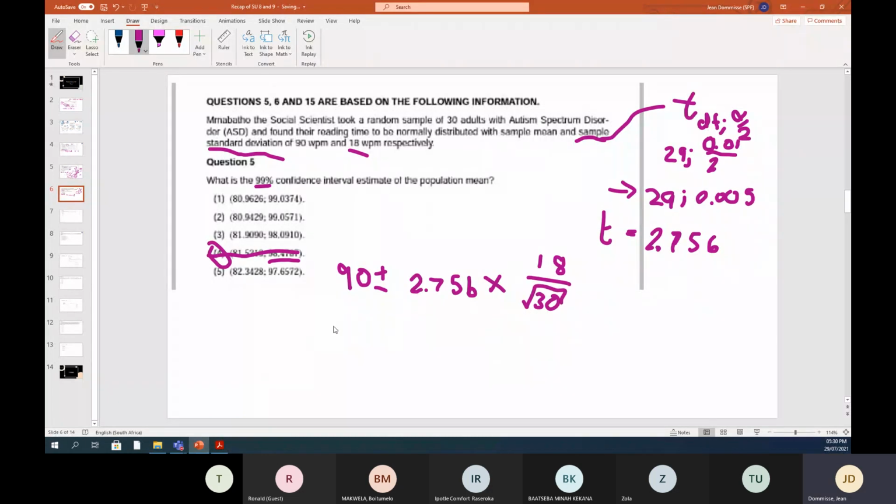Let's quickly see what that answer is, and hopefully now we have an option. 9.0571, so plus minus, so in the end it will be 99.0571. There is the answer.